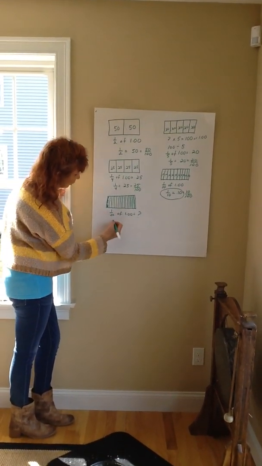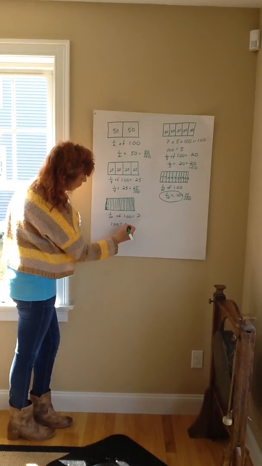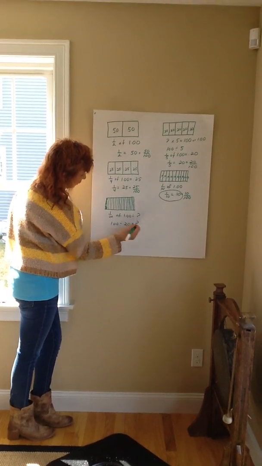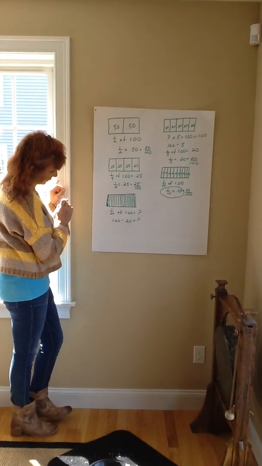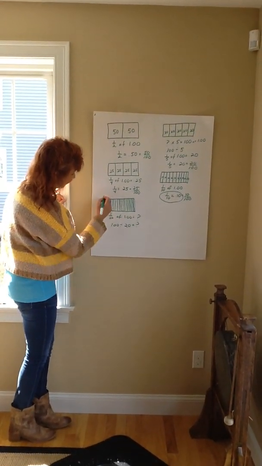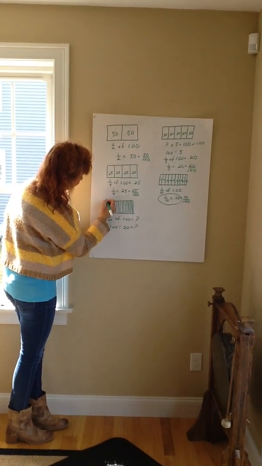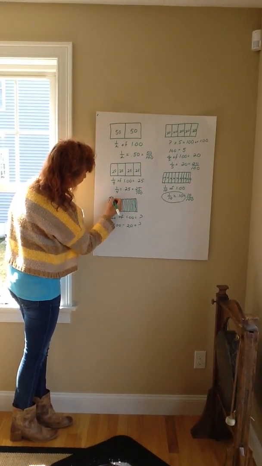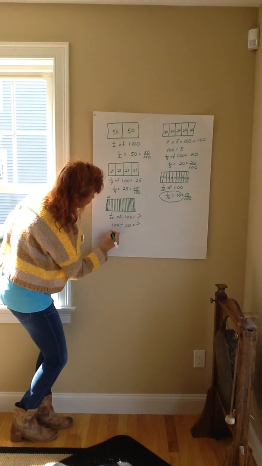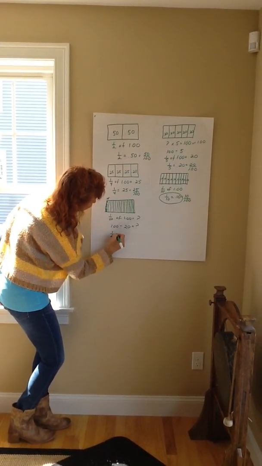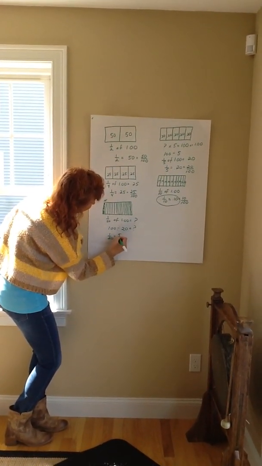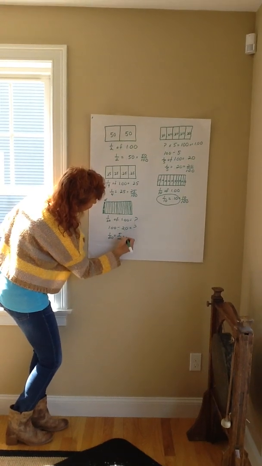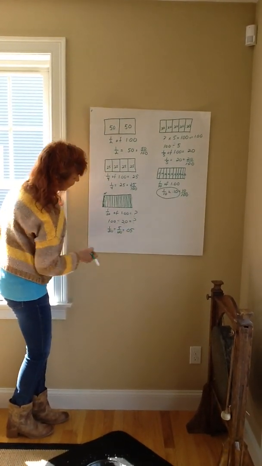So we have 100, we divided it into 20 pieces, we're looking for 1 piece. So it's going to be 5 cents. Okay, 5 cents. So 1/20th is 5/100ths, or as a decimal, it's written like that.